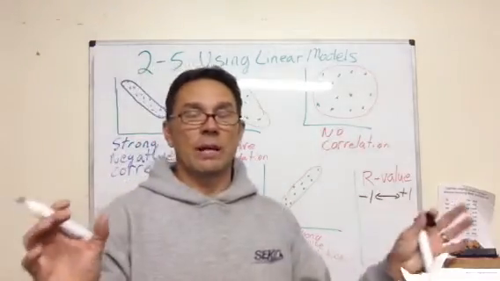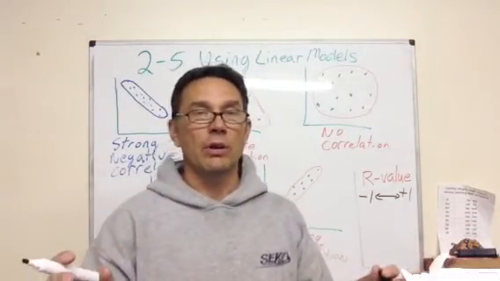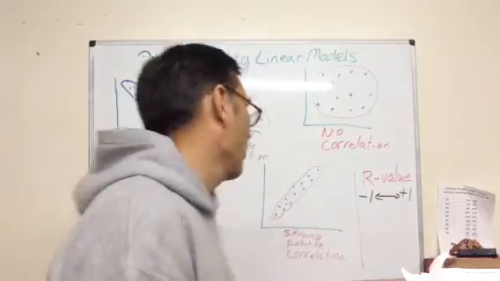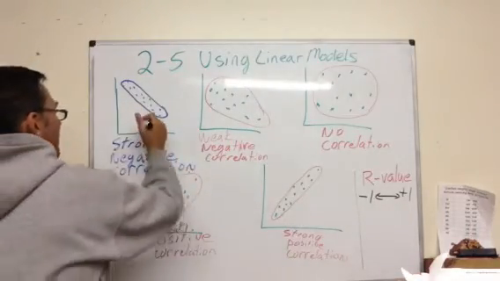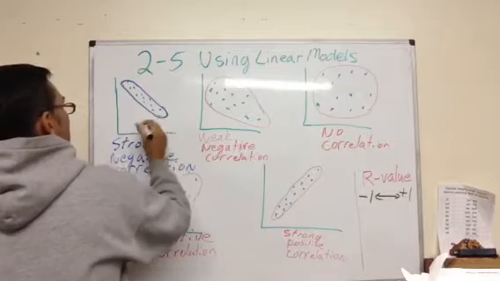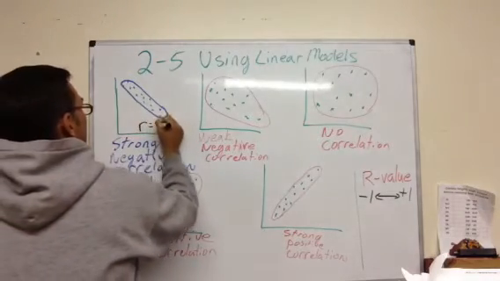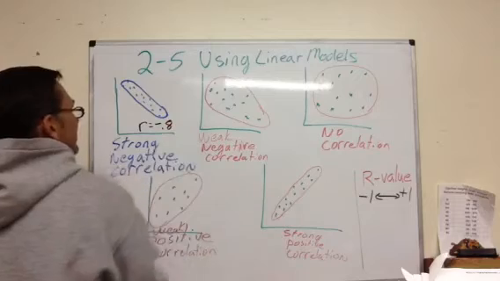So the numbers are going to lie between -1 and +1. Nothing bigger, nothing smaller. So if I had to guess on this, my R value in this model, and you can write this down, R would equal maybe a negative 0.8.